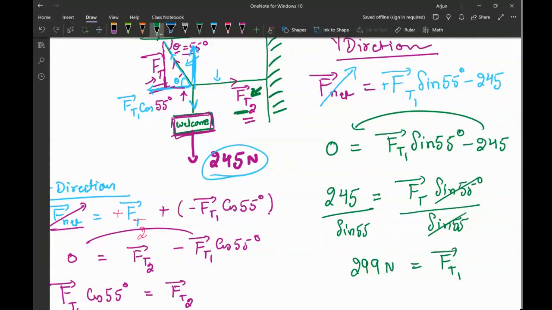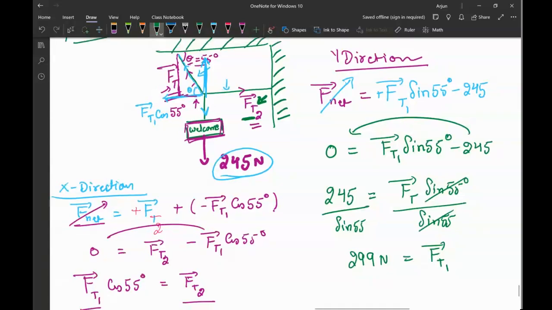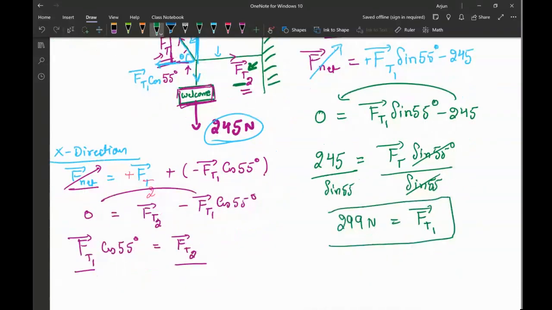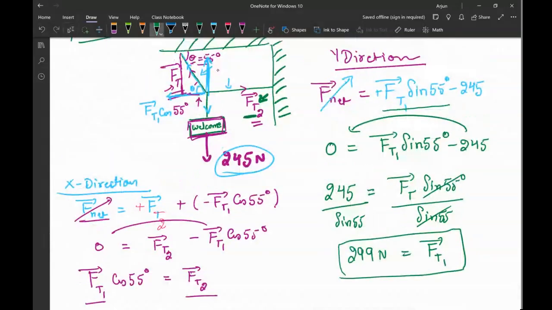Here I'm going to talk about one more concept. If you see carefully, I figured out the value of Ft1 here. I started with Ft1 sine of 55. Usually what students do is they think this value is 299. This value cannot be 299, because if this is 245, the opposite force has to be 245 to balance these two forces. If this is 299 and this is 245, then the object will start moving in the upward direction.